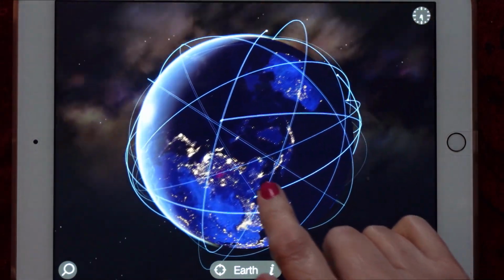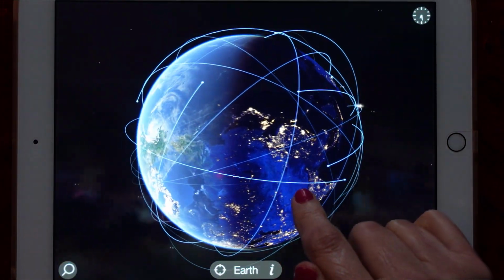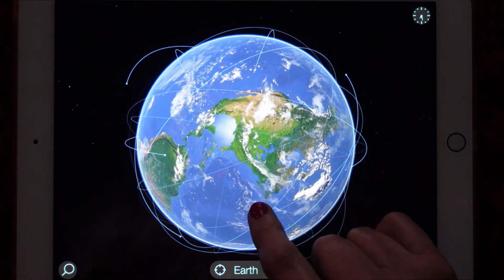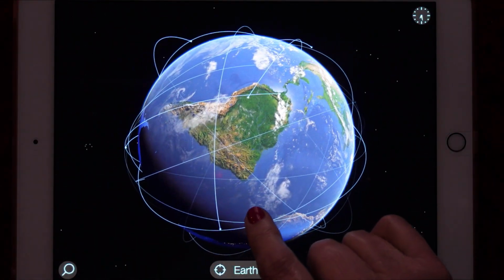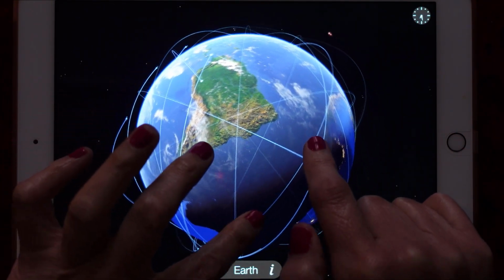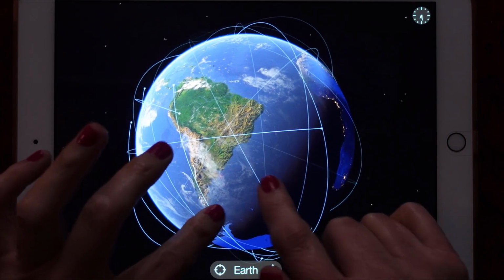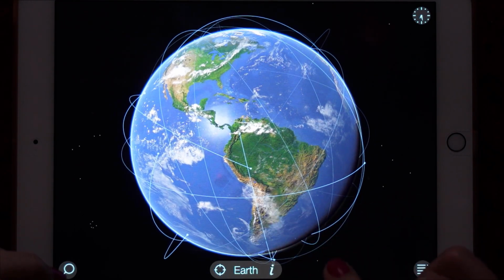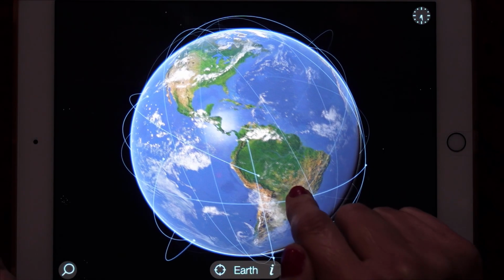Here is the Earth. Now if I turn it, you can see South America.